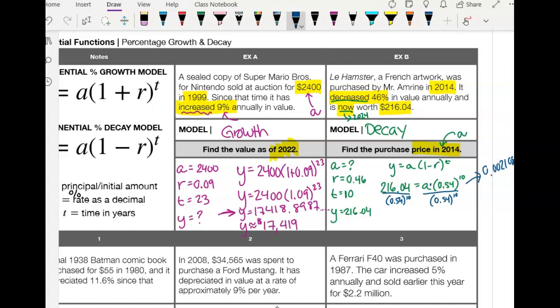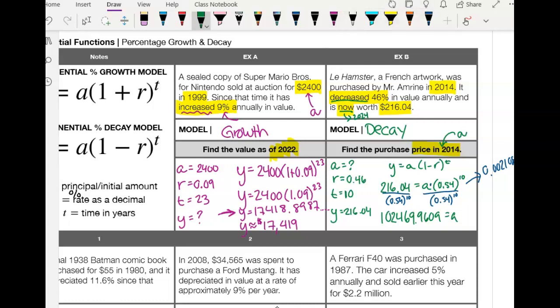So when I go and do that, now I have my A value all by itself. And I put this exactly how it is into the calculator, and I got 102,469.9609 equals A. Again, I need to interpret what this means in regards to the problem.